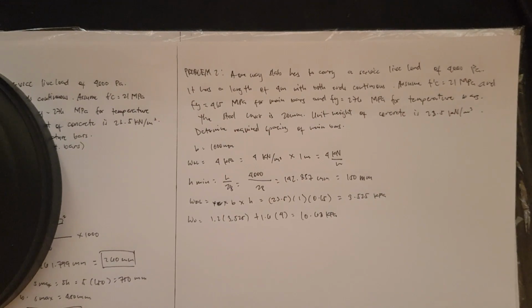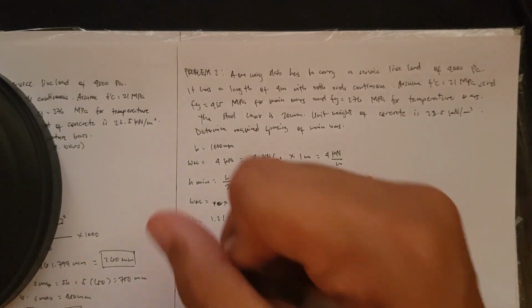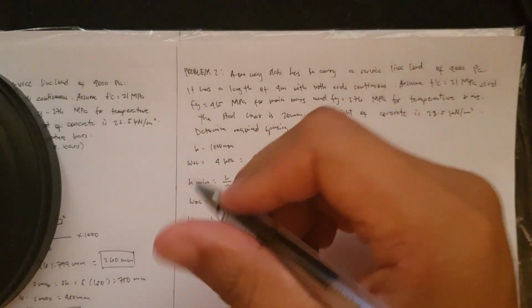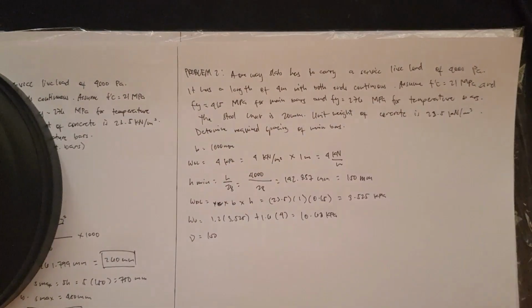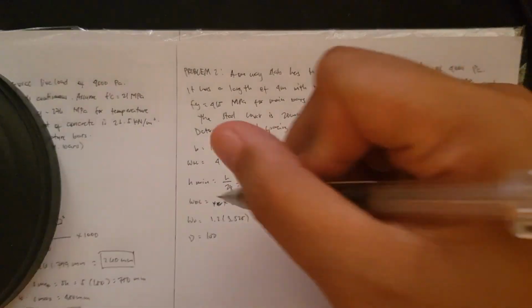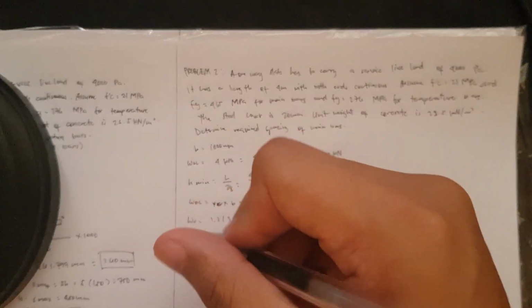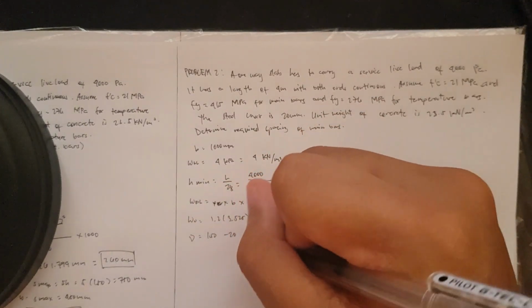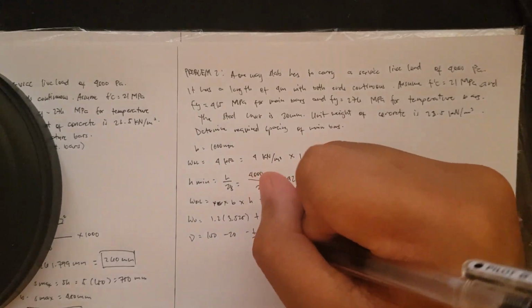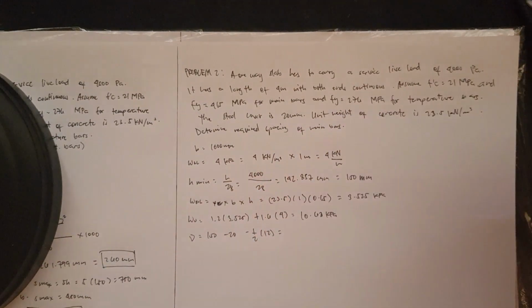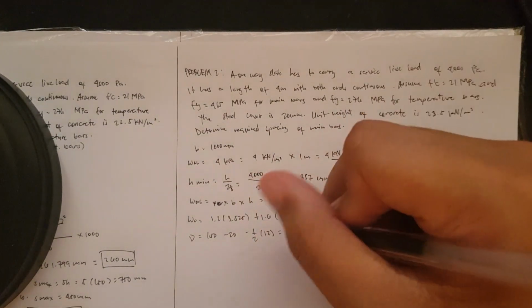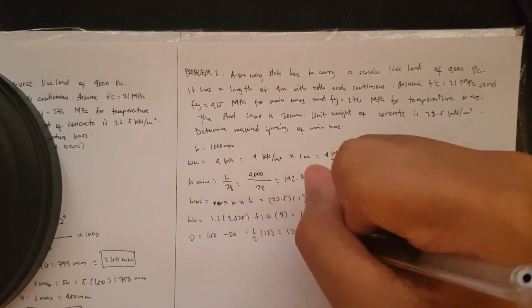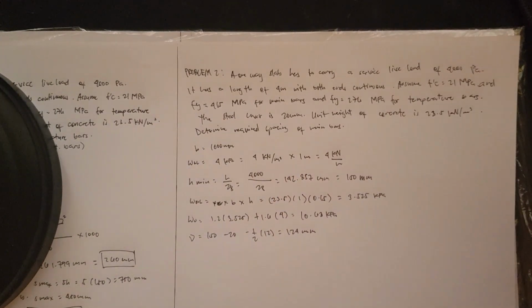Then effective depth, kunin natin d is equal to 150, nakuha natin dito sa minimum height, minus natin yung 20 millimeters minus 1/2 times natin sa 12 millimeters. So ang makukuha natin dyan is 124 millimeters para sa effective depth natin.